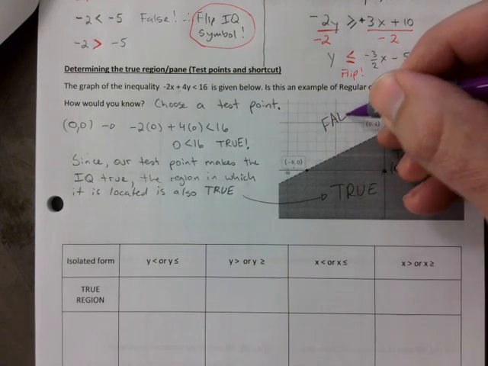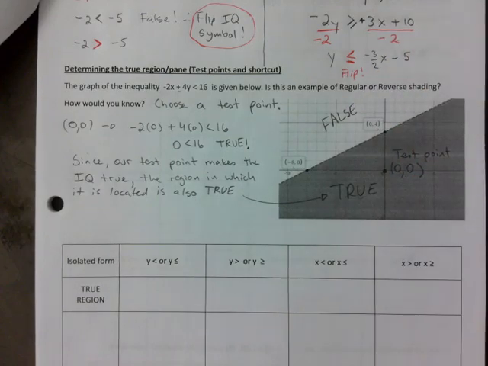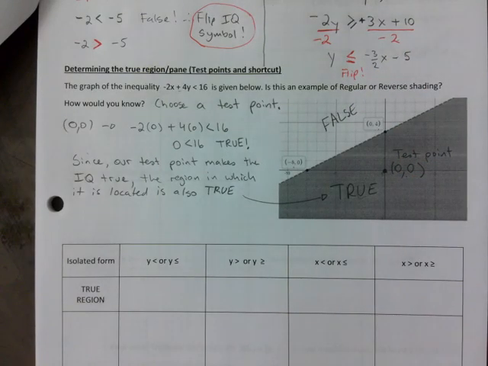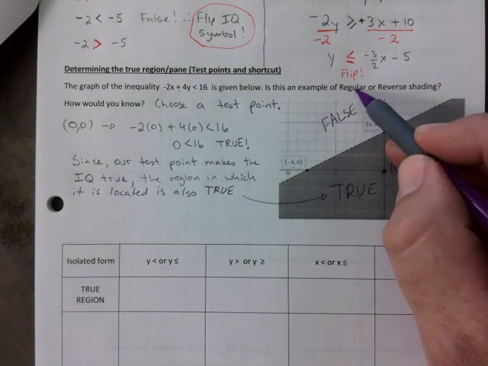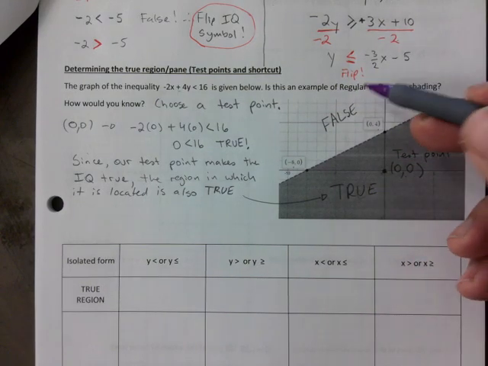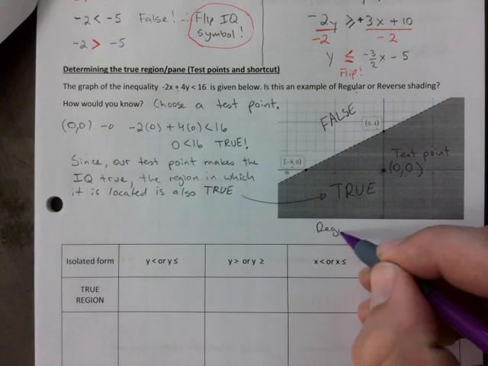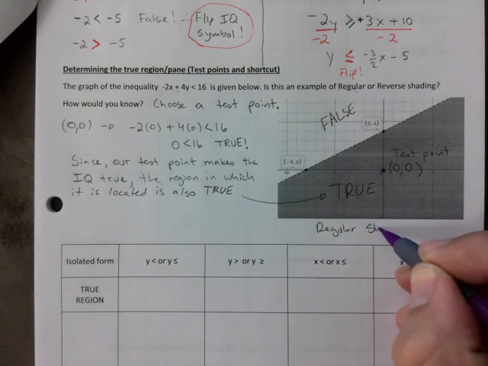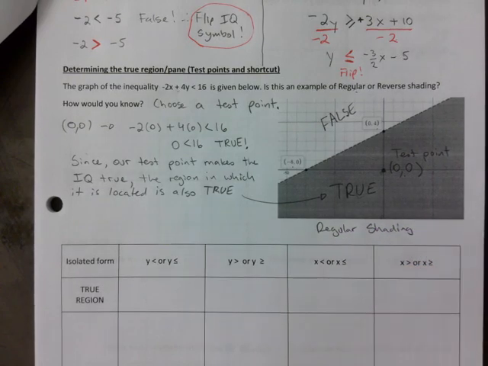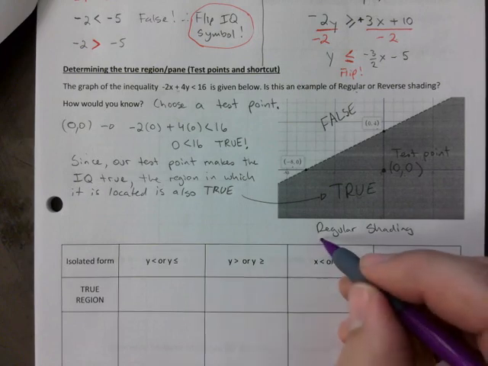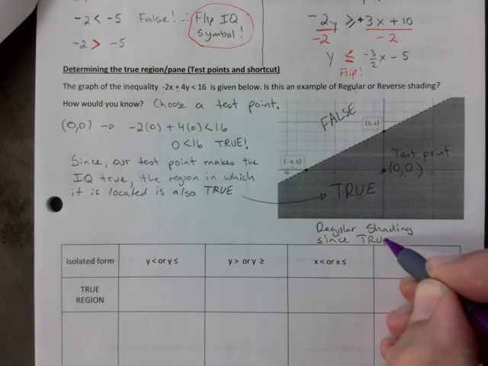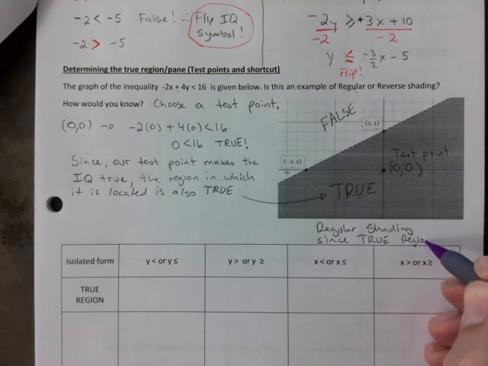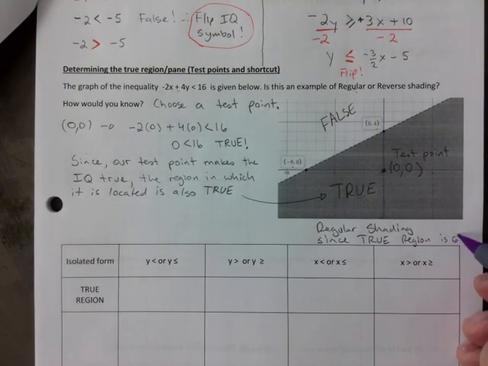False. Okay. So what type of shading has been used? Regular, because the true region has been shaded. Regular shading, since the true region is shaded.